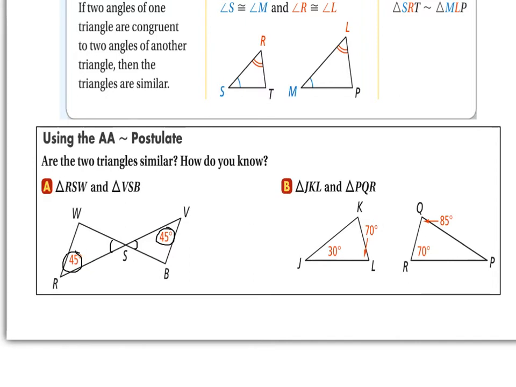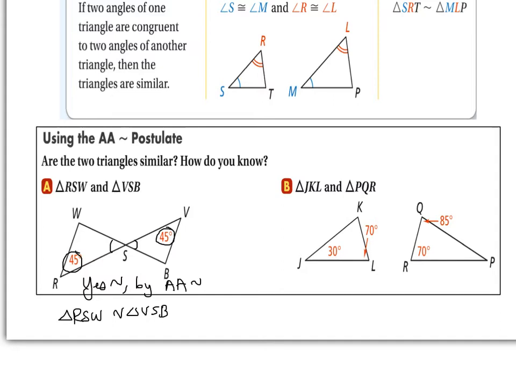So, yes, these are similar by the angle-angle similarity. Okay, so I could say triangle RSW is similar to triangle VSB.